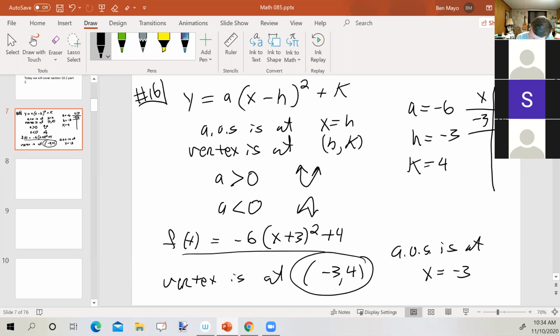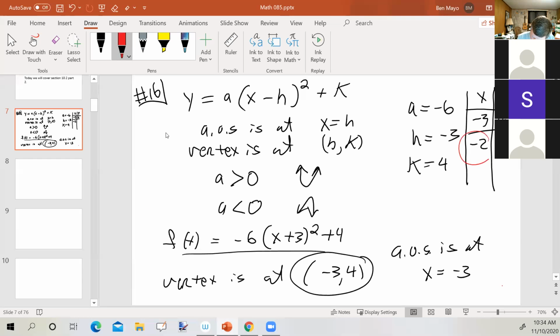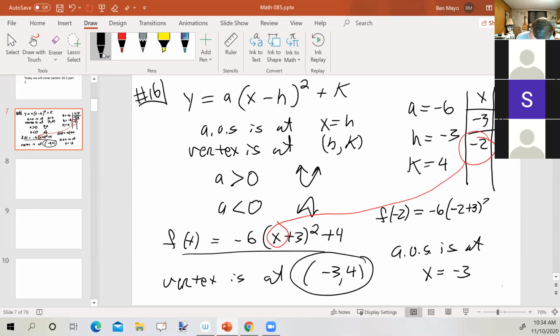I'll go ahead and put -2 in there. So this is going to go right there. Okay. So f of -2 is -6 times the quantity -2 plus 3 squared plus 4.